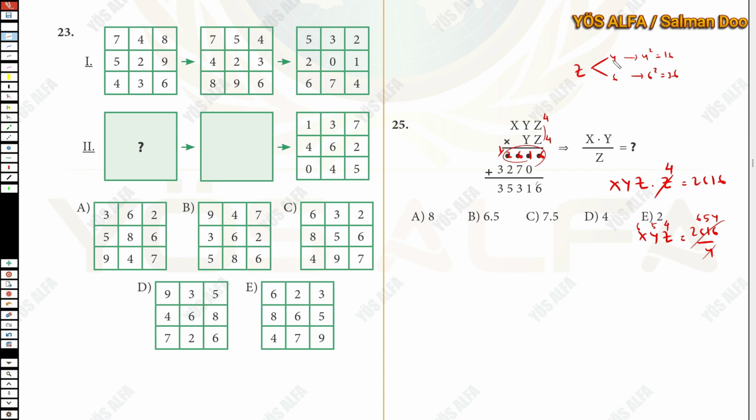Our initial assumption was z is equal to 4, so everything checks out so far. So let's continue. How about y? Let's check y too. So we have y is equal to 5, so 5 times 654 gives us 3270. So this one also checks out, so everything is correct. So x is 6, y is 5, and z is 4. The answer is 15 over 2, which is 7.5.